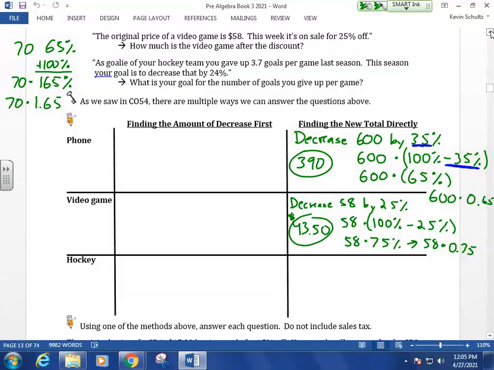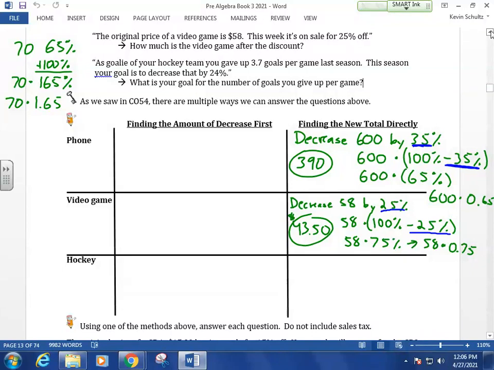Again, walk through that process here. How does the percent that we're decreasing by fit into the equation that we use to answer it? We're decreasing by 25%, which means we subtract 25% from 100%, and we multiply our original by the decimal value of that. It's the same thing that we did in the first one.